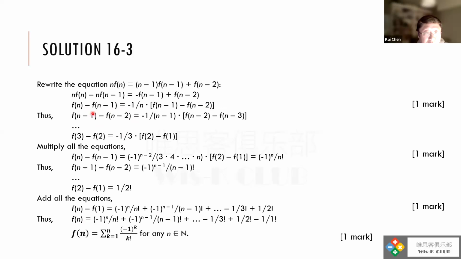So by this, you say f(n) minus f(n minus 1) is minus 1 over n times f(n minus 1) minus f(n minus 2). You can define it as g(n), whatever, and you can also directly extend it back to f(3) minus f(2).